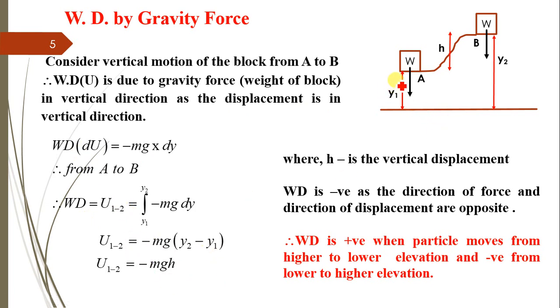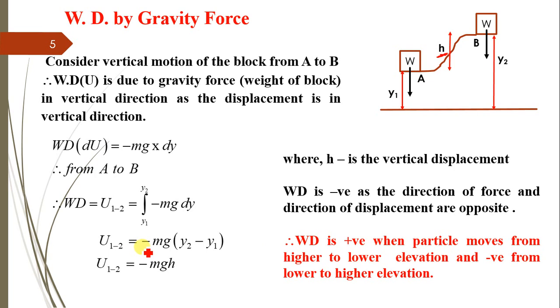So here y1 is the initial distance, y2 is the final distance, and the difference y2 minus y1, h, is the vertical displacement of the block. Therefore work done is equal to force into displacement. The force is the weight of the block, that is mg, and dy is a small displacement. Now from A to B, that is from 1 to 2, the force is mg and the displacement is y2 minus y1, which is equal to h.